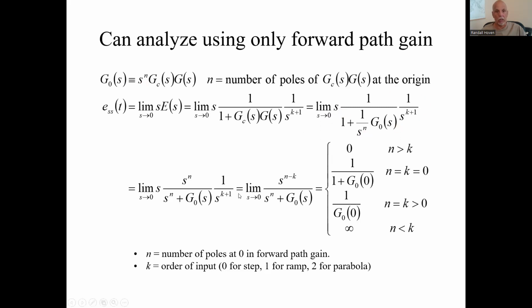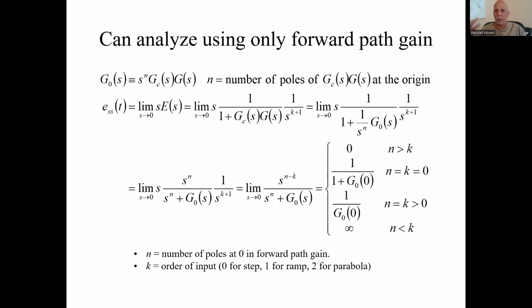A little bit more algebra. Here's what we have, which ends up one of these 4 possibilities. It's really 3 different possibilities. It's either 0, a non-zero constant, or it's infinite. And these 2 middle ones tell you how to compute a non-zero constant.